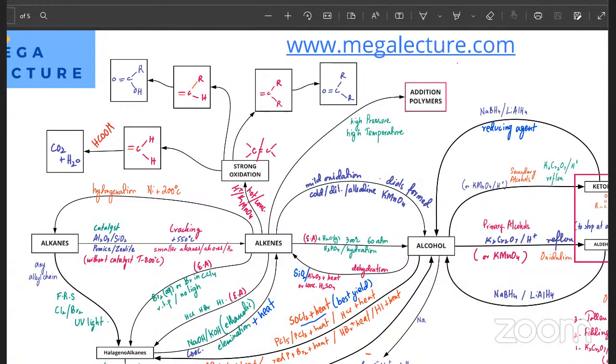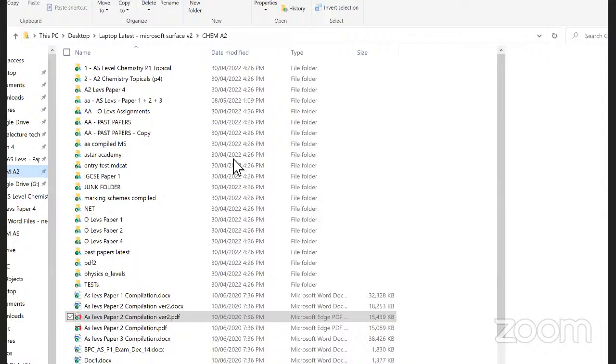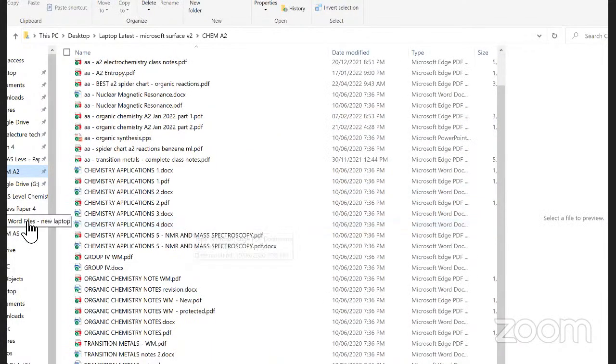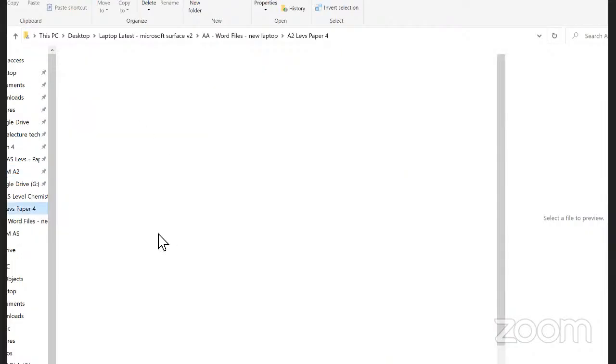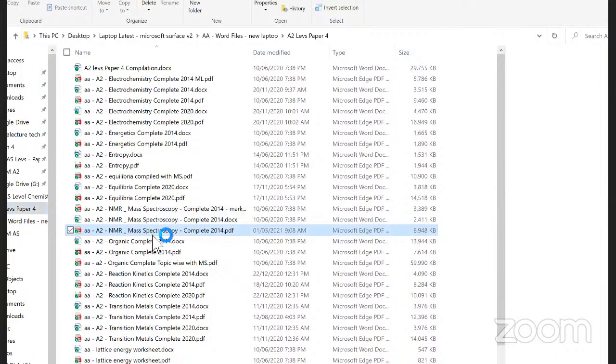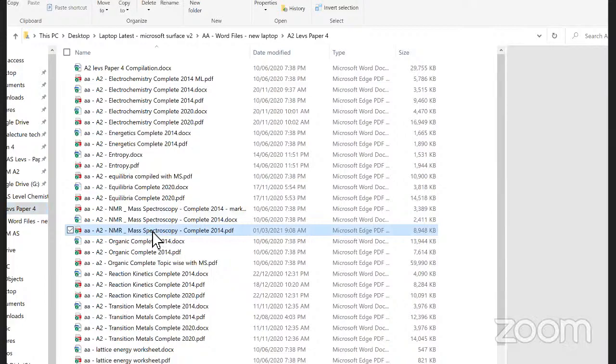Mass spectroscopy, remember, there's not much to it. I'll do all the questions on mass spectroscopy. Let me open an A2 worksheet. Remember, mass spectroscopy questions are going to be extremely easy.